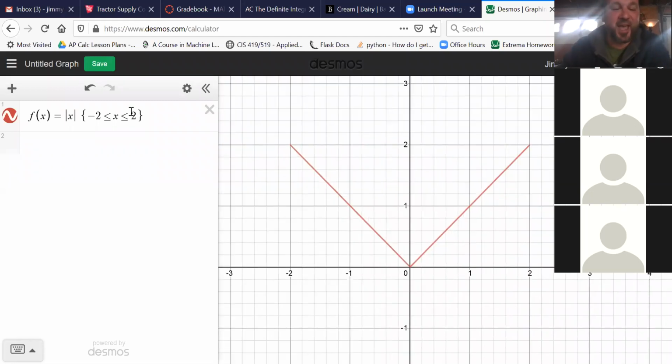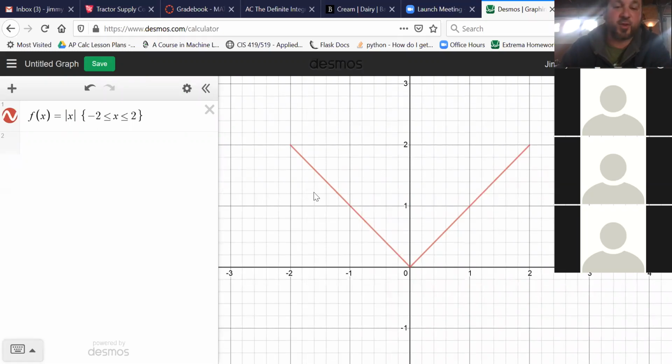All right, so we're looking at absolute value of x from the space -2 to 2, and we want to think about the area underneath these two curves between the x-axis and there. So you get these two triangles, and we see that this is a 2 by 2 square, so that's got an area of 4. This triangle is half of that, so this triangle has an area of 2.